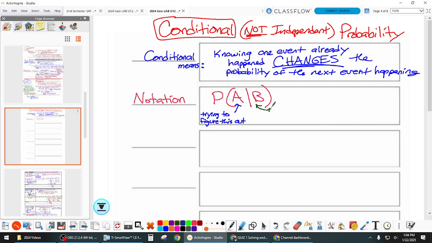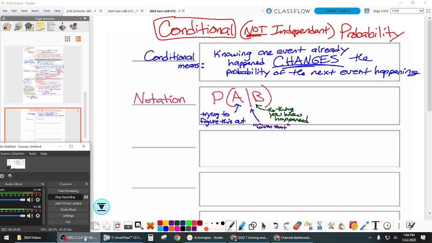This is the thing you know happened. And then what does that line say? Yep, it says given that.